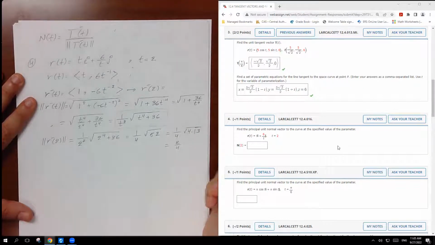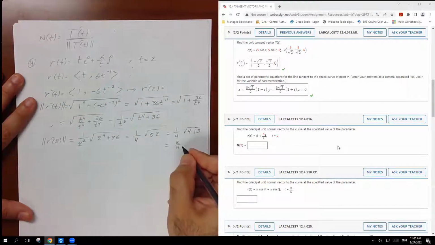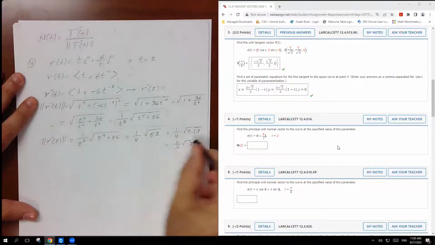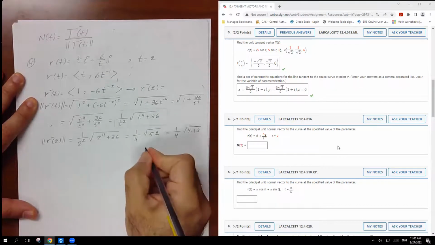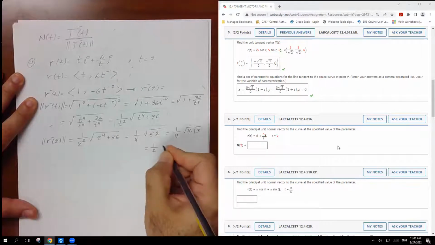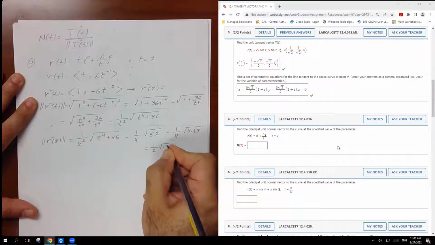So it's 2 square root of 13. One over 2 square root of 13.